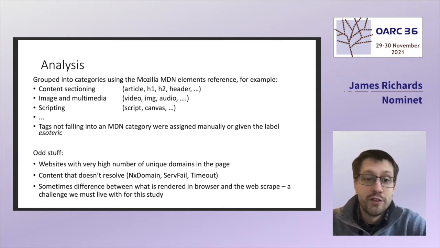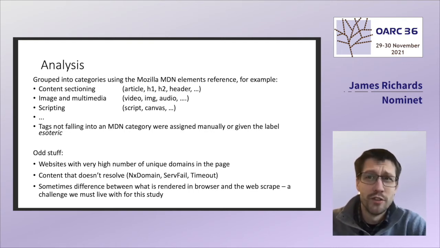But there is a lot of odd stuff, as I'm sure you'd expect, working with internet scraped data. There's a lot of esoteric tags for niche website content. I found some augmented reality frames, which I've never seen before, which were pretty cool. There's a lot of websites with a high number of unique domains. There's a whole variety of reasons this is the case, but they do exist out there. They popped out quite quickly when I was doing the analysis.